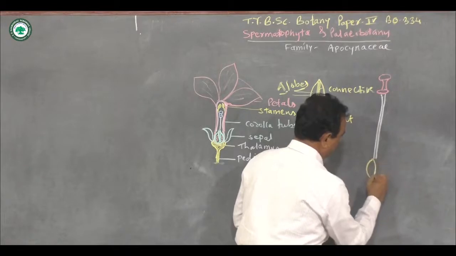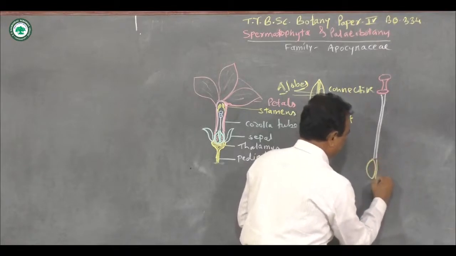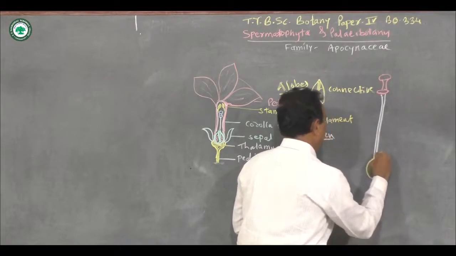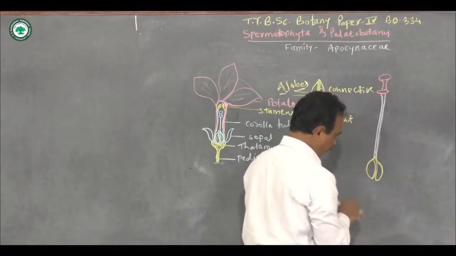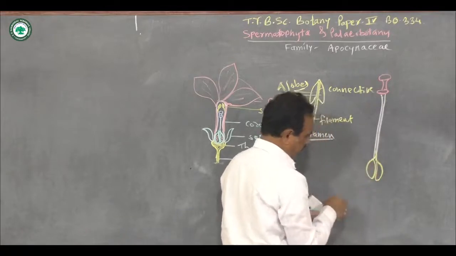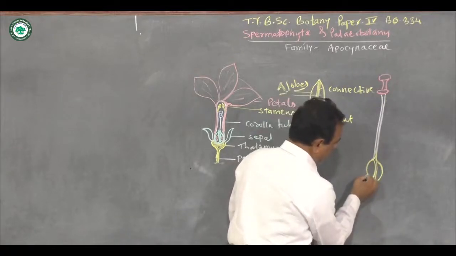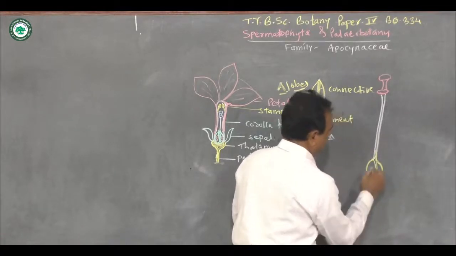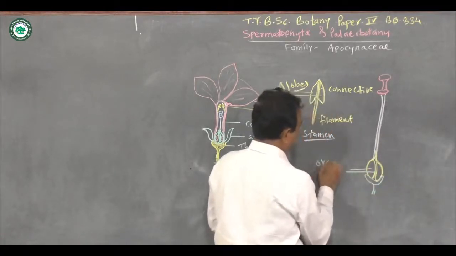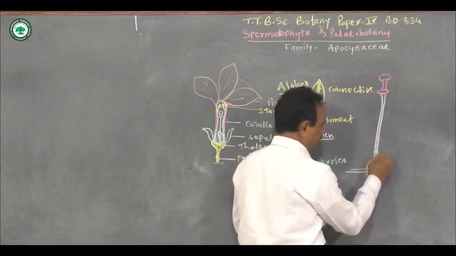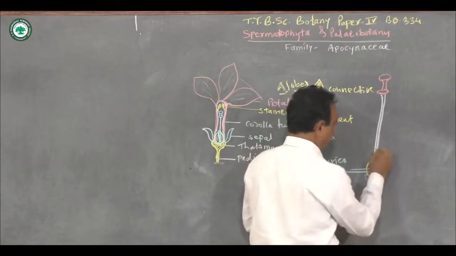So here two ovaries are present, but these two ovaries, they are free at the base. See, these are the two ovaries. So these ovaries, they are free at the base, but they are fused together by having a common style.